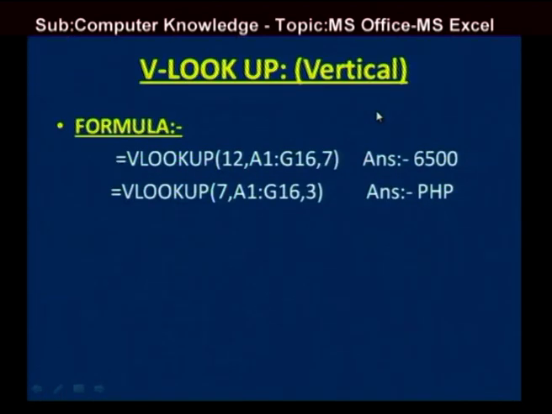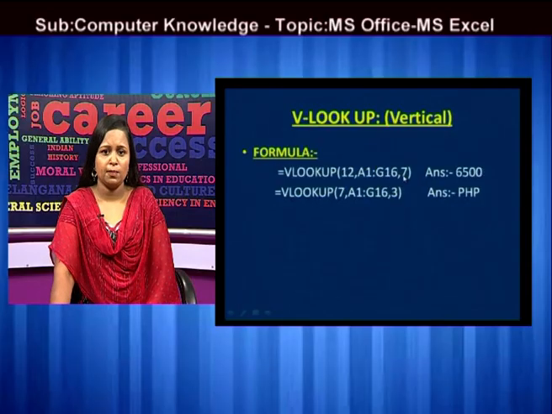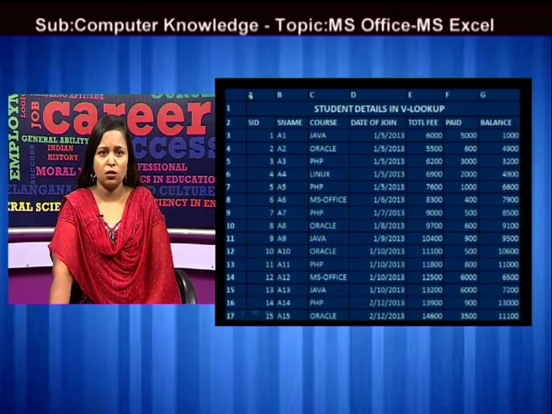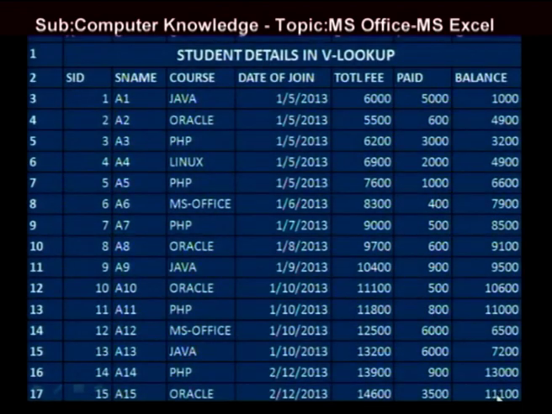So, how to write the VLOOKUP? Every formula and shortcut starts with equals to, must and should. VLOOKUP of 12, A2 to G16, 7. A2 to G16 is the total table range, starting with A2 and ending with G17.